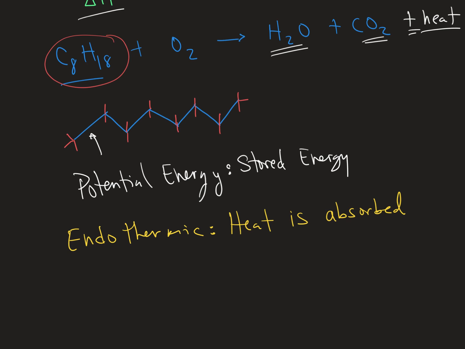And we say endothermic is a positive delta H. Because absorbed, we have to take in energy. We have to get energy before we can make this reaction happen. That kind of makes sense?